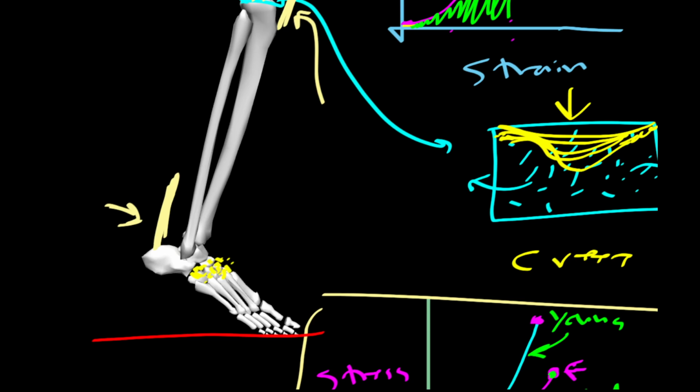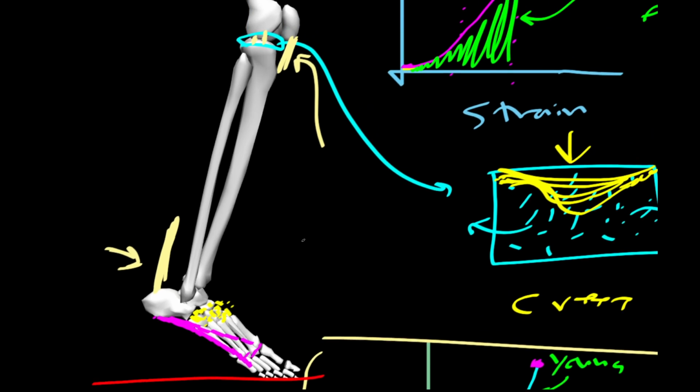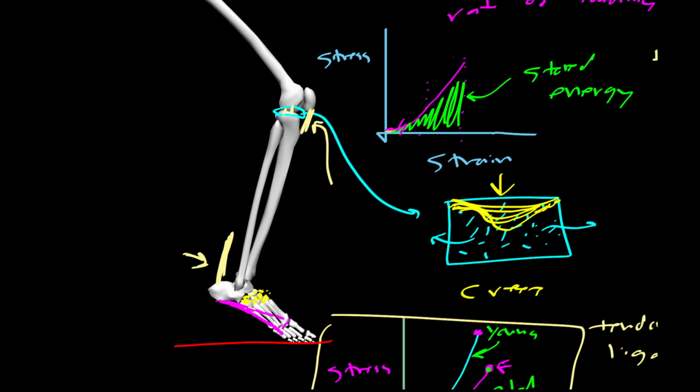Now, you may be familiar with a biological structure called the plantar fascia, which many people think of as almost like a ligament, which goes right here. And that does a good deal of storing energy, and it does so, by the way, just like this, storing energy under a stress-strain curve.